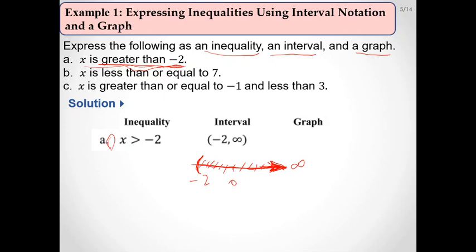And one important thing about the infinity, we always use the parentheses with infinity. We never use the brackets here. Don't use the brackets with the infinity. And the graph will look like this one.